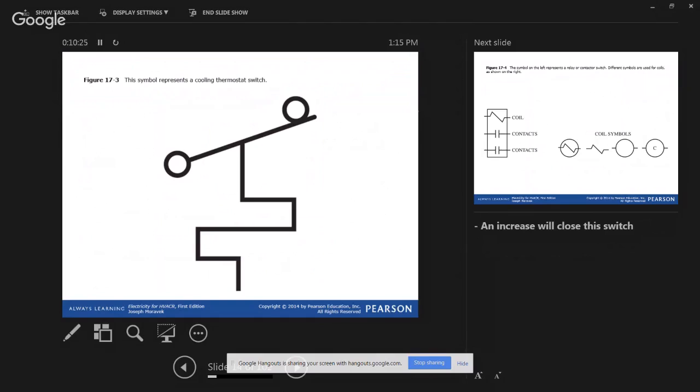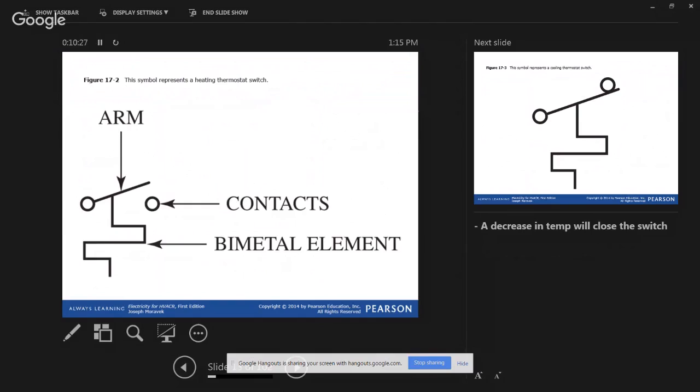So I would say that's a standard for this particular application. What I have right here is a decrease in temp will close the switch. Okay, so that's the standard for a normally open, decreasing. What I'm saying is, if that arm was on the lower side, that would be an increase in temperature to close. I think so.